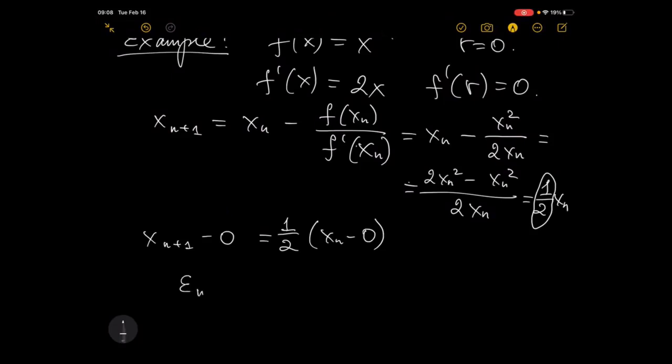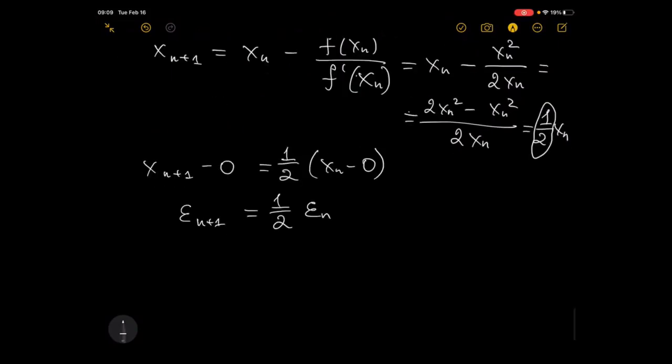So this is the error on n plus 1 step, and the error on n step. The error will be decreasing by a factor of 2. So instead of quadratic convergence, we again obtained linear convergence, right?